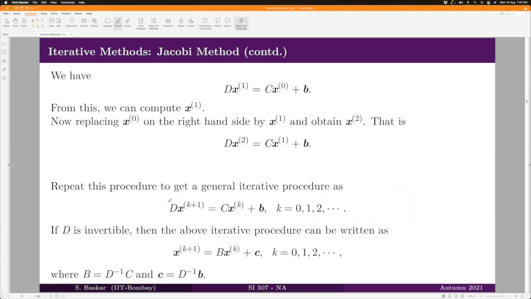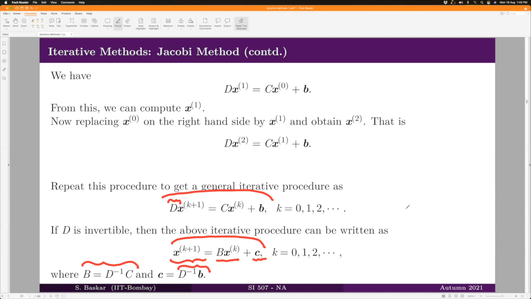Now, if D is invertible, I can also write this system in this form just for convenience. Now you see, you have a nice formula for computing xk+1. That is given by Bxk + c, where B is D inverse C and the vector small c is D inverse into the right hand side vector b.